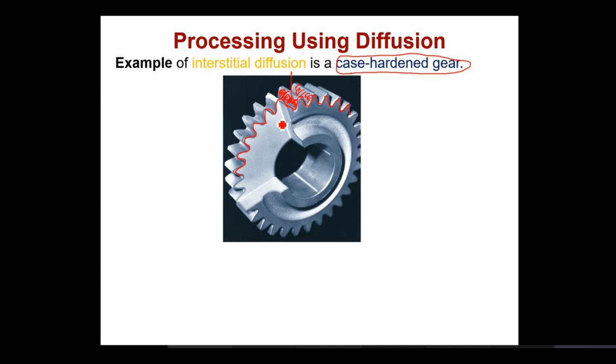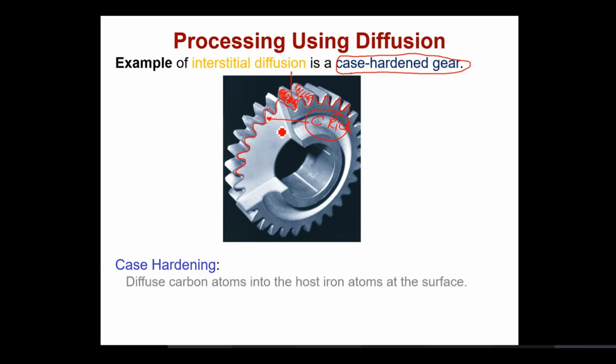So what you do is you expose this gear to a carbon rich atmosphere. So there is more carbon outside and less carbon inside the material. What would happen is that carbon would diffuse into the surface. Yes sir. You diffuse carbon atoms into the host iron atoms, as the gear is made of steel or iron.